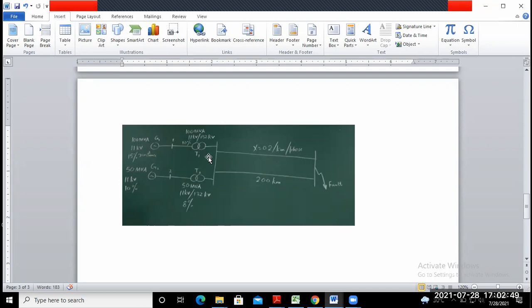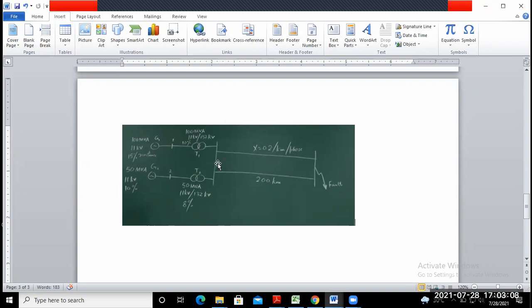If you consider transformer 1, the parameters given are 100 MVA, 11 kilovolt, 132 kilovolt. That means the transformer LV side voltage is 11 kilovolt, and the secondary side is connected to the transmission line.